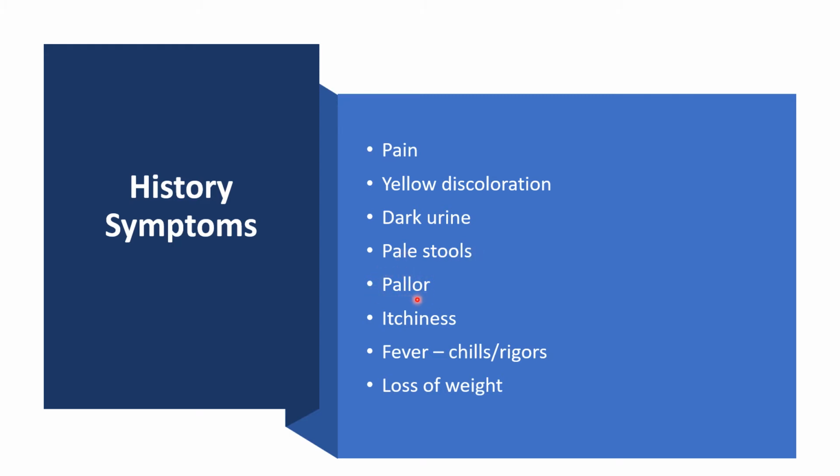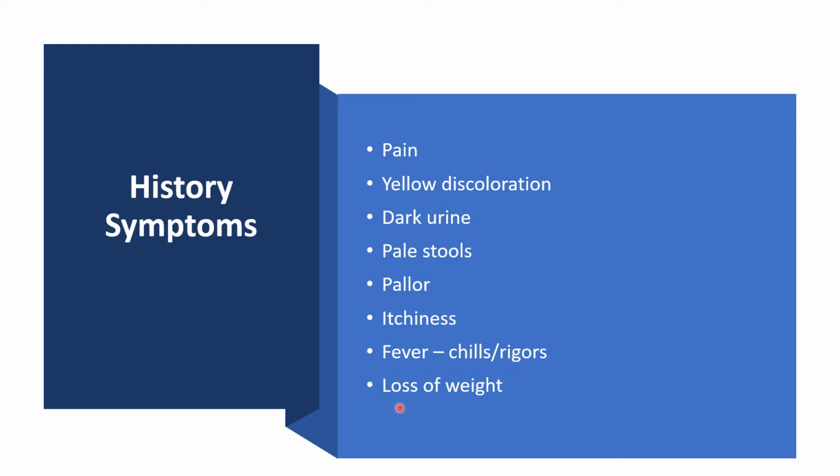Pallor: sometimes the patient will be pale because of the hemolytic jaundice. Itchiness due to obstructive jaundice, from deposition of bile salts in the skin. Fever: you must get more details of the fever, especially chills and rigors, which are commonly seen in patients with obstructive jaundice and cholangitis.